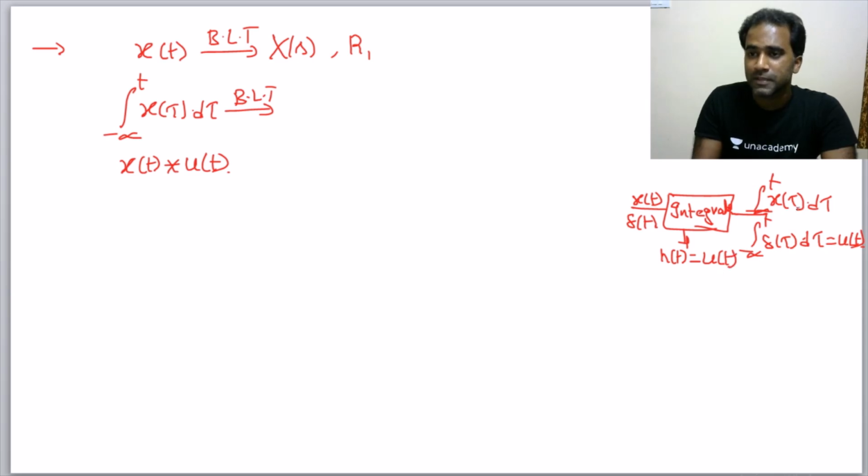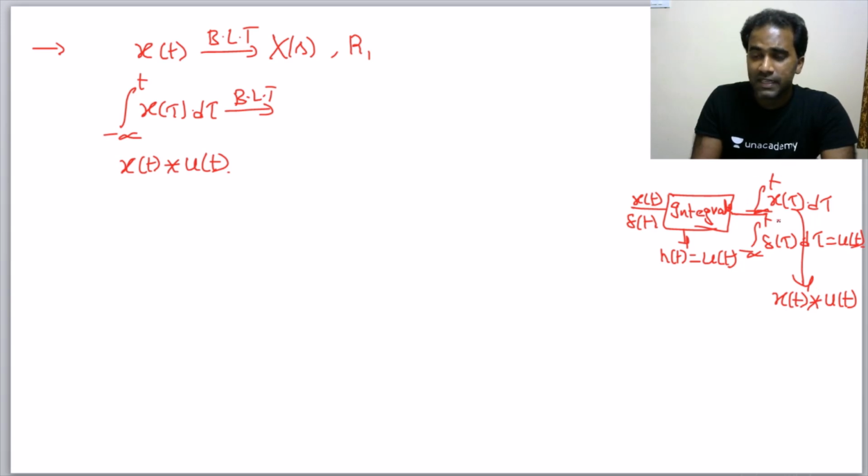So the output of any LTI system can be written as the input x of t convolution with the impulse response, which is u of t. This result and the previous result are exactly the same. Whenever you find a convolution with u of t, you can write it as x of t integrated from minus infinity to t.